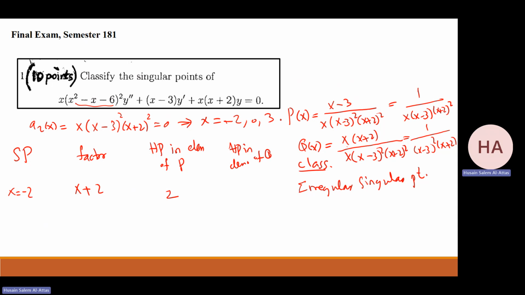Actually, just for the information, this is 1 here, but that will not make a difference. Here is the problem, we should make it irregular. x equals 0, so I have x. Highest power in the denominator of p is 1, in q, 0. So that will be regular, satisfying the two conditions. x equals 3, I have x minus 3. Highest power here is 1, and here is 2. So this is a regular singular point. That's it.